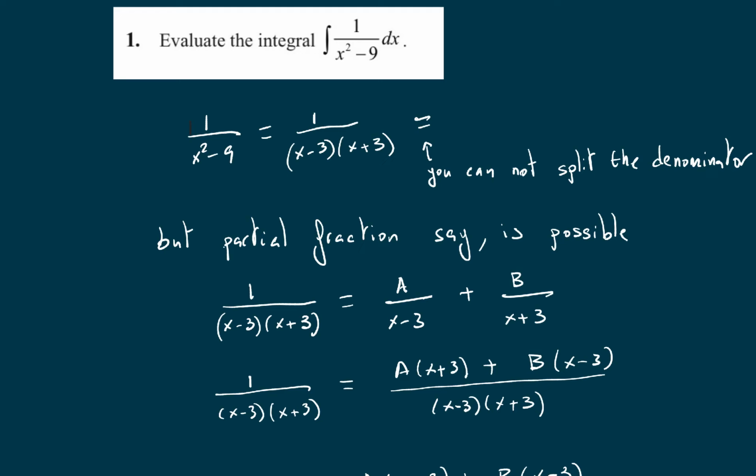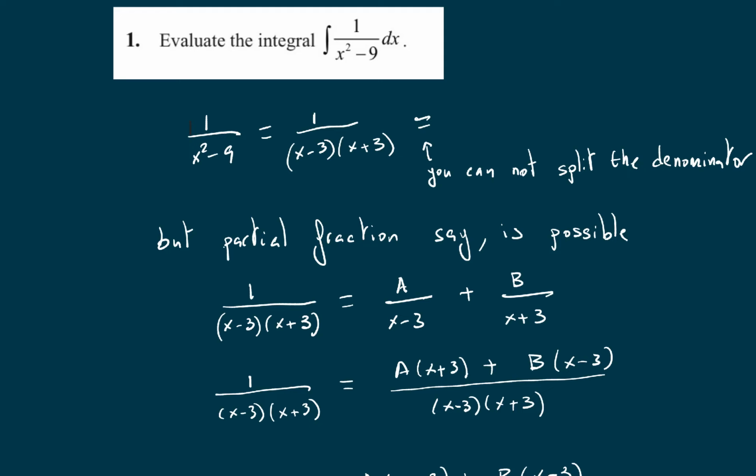How will we do it? Well, x squared minus 9 is x minus 3 multiplied by x plus 3. In principle, you cannot split the denominator. You cannot. But partial fractions say, look for a number a that when divided by x minus 3, and b divided by x plus 3, will give this one.